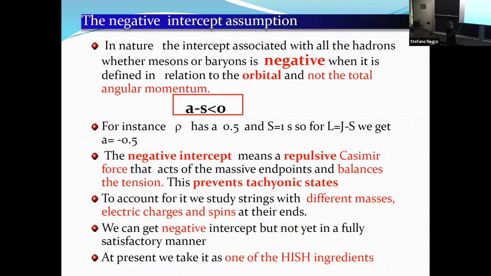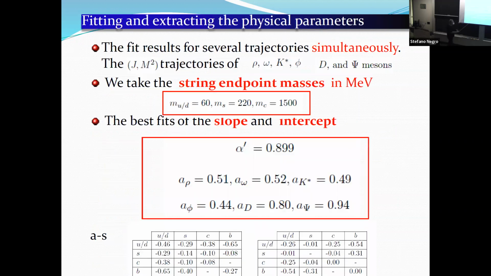When you don't have rotation, the only thing that can balance the tension is this repulsive Casimir force. And in fact, we see from the data, as you can see from the table, that these quantities indeed come out to be negative. That's the reason that we don't have the Koenig states, and the string does not collapse to zero size.